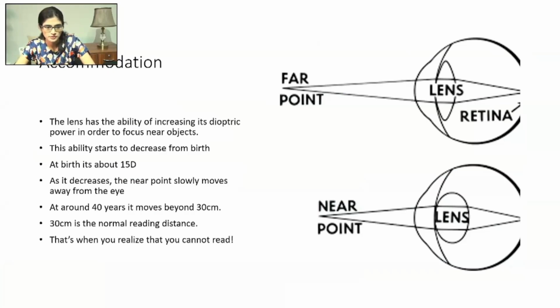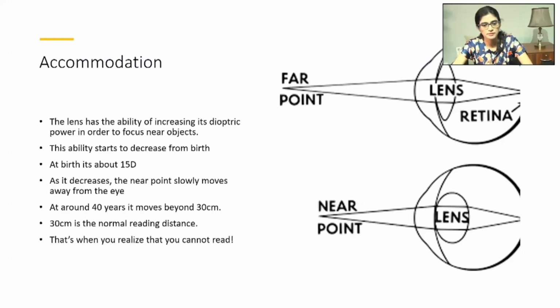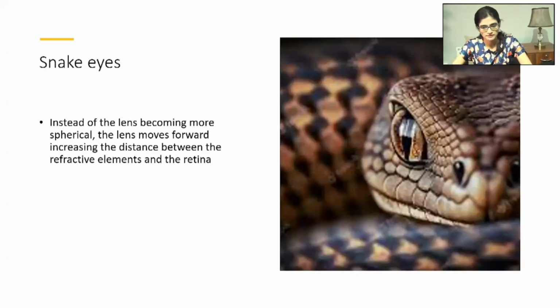In childhood, you have about 15 diopters of accommodative power, where your lens is able to become a much rounder sphere. But as you age from birth, your ability to accommodate gradually decreases. At one point you become presbyopic, and we will talk about that later when we discuss presbyopia.